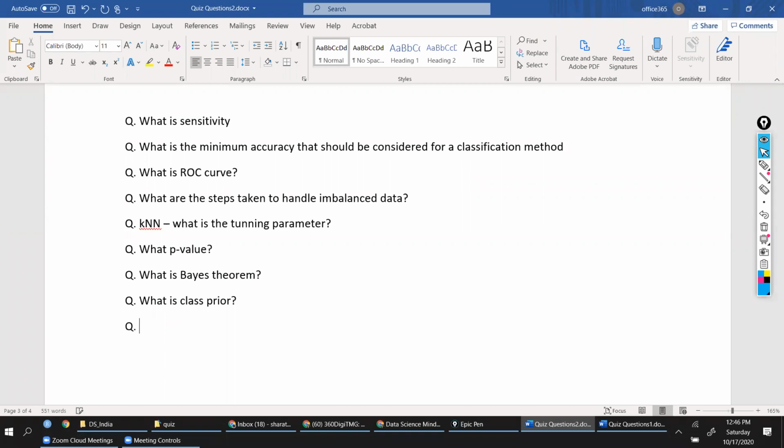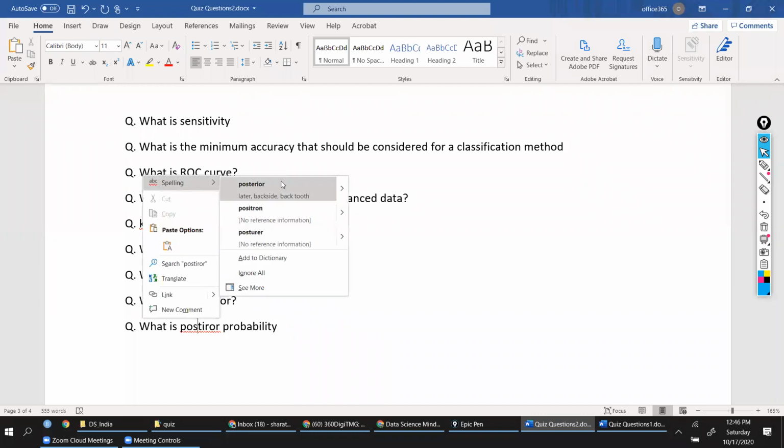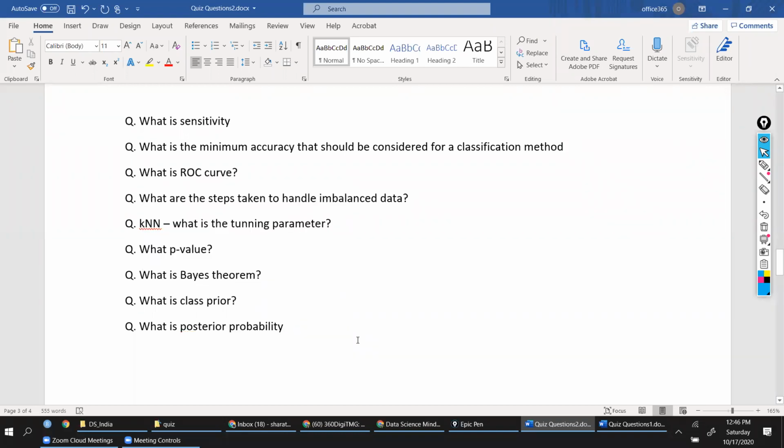What is posterior probability? Posterior probability is nothing but conditional probability.